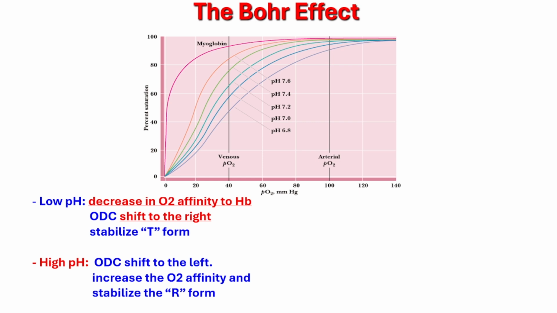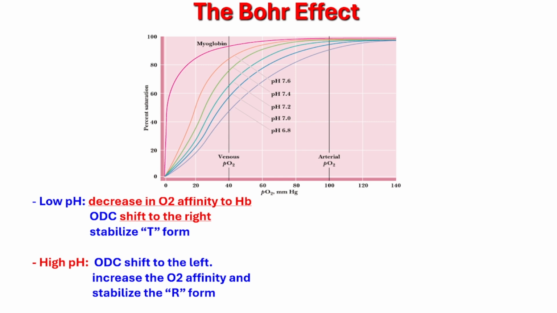You understand? The opposite condition is when I increase the pH, so I'm going to have the reverse. So for the ODC, if I have high pH, I'm going to have high affinity. From a low concentration of oxygen, I'm going to directly have saturation. So when I increase the pH, I'm going to have a shift of the ODC to the left.